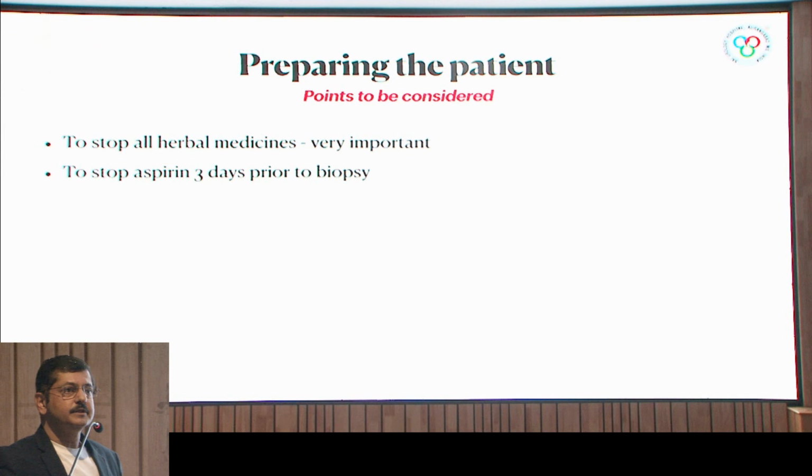Now, when you prepare the patient, you should stop herbal medicines. That is very important because many herbal medicines have a blood thinning effect. Most radiologists don't know if patients are taking some herbal medicines for an enlarged prostate and prostatic symptoms.